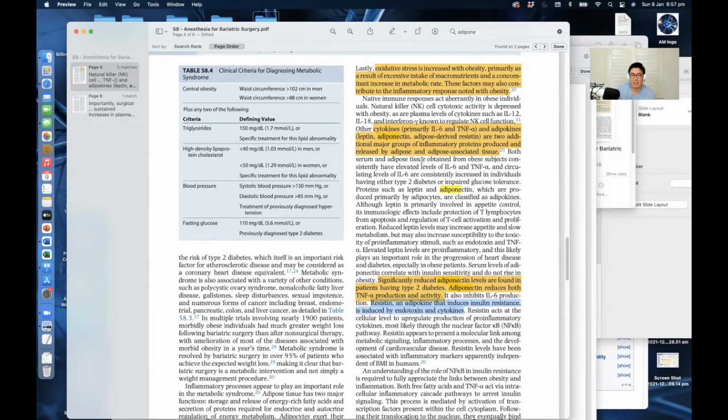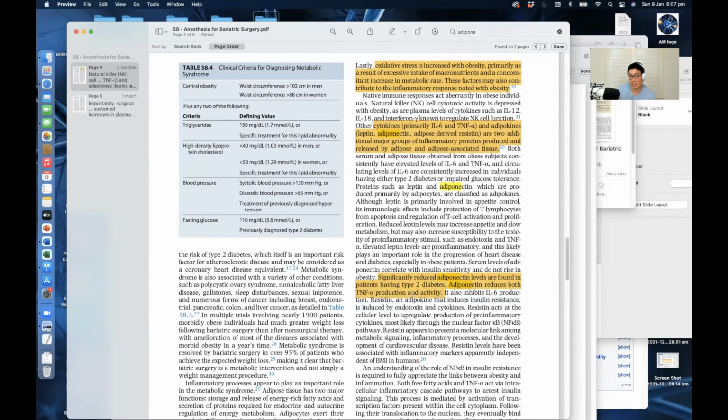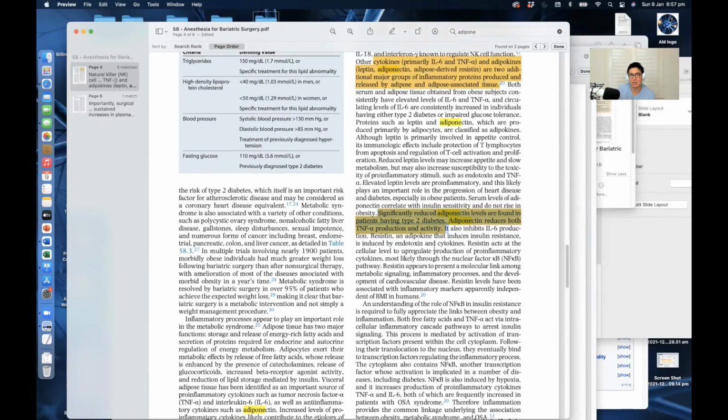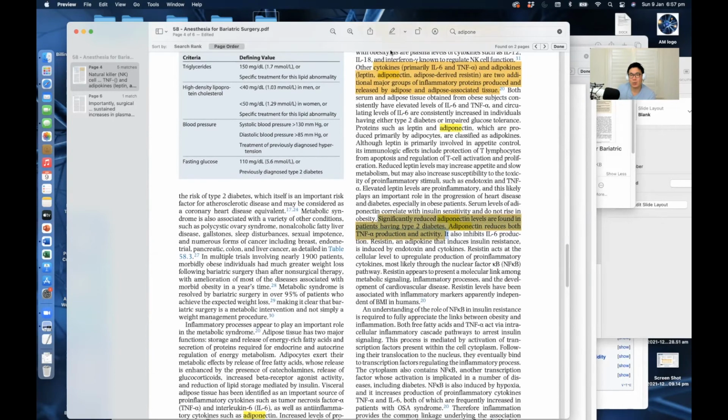So yeah, in here, they have it as inflammatory proteins, but the way that they've described it is that adiponectins are a protective factor. Certainly with what they've described here, isn't it? Significantly reduced adiponectin levels are found in patients with type 2 diabetes. So I guess the way that you reconcile this is to put a reduction in adiponectins, Julian.